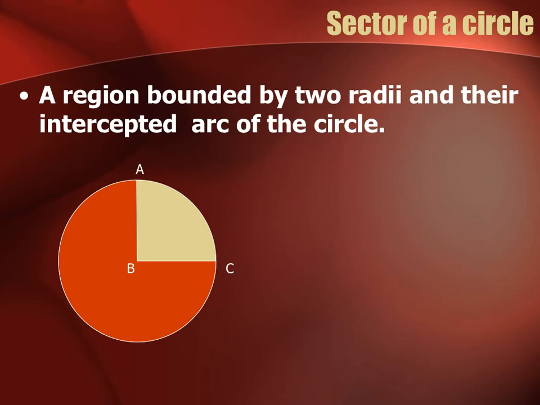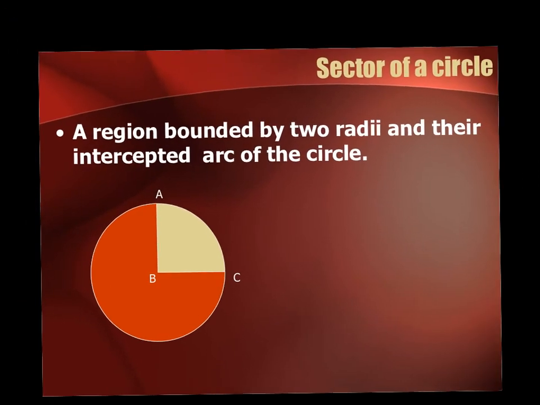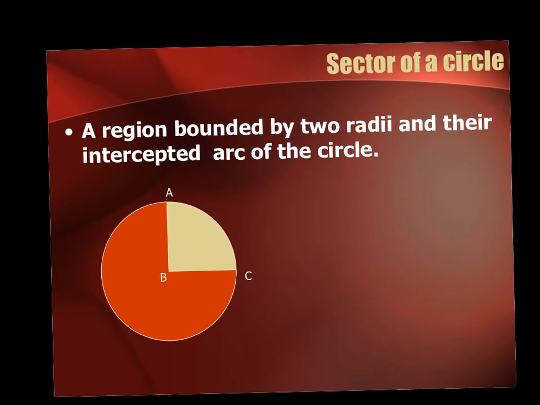Okay, a sector of a circle is a region bound by two radii and their intercepted arc of the circle. So where the arc length is like the crust of the pizza, an area of a sector is like the actual piece of pizza, how much space that piece takes up.